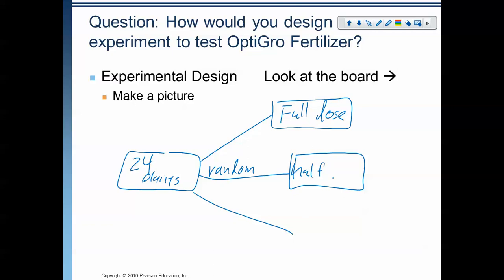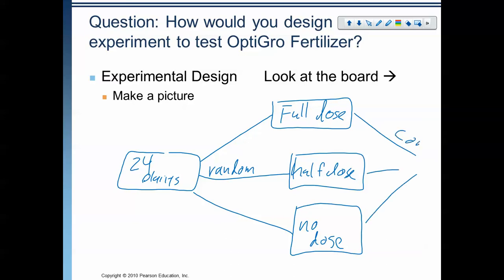That's a nice H. Half dose. And I had one treatment that was no dose. No fertilizer. So full Optigrow, half Optigrow, no Optigrow, and then at the end, I'm going to compare them. So there's a nice diagram of this particular experiment.